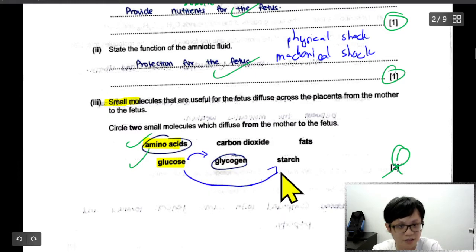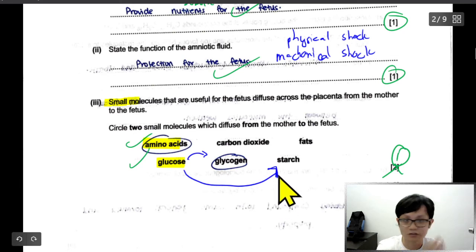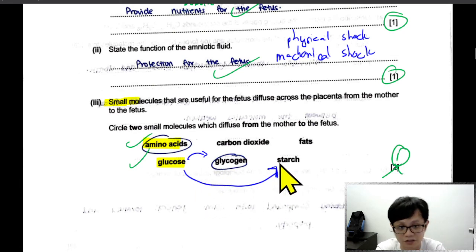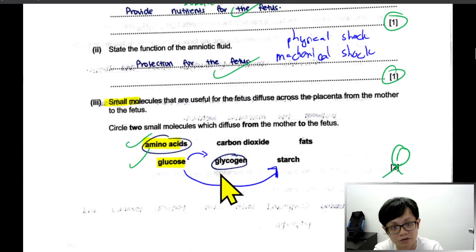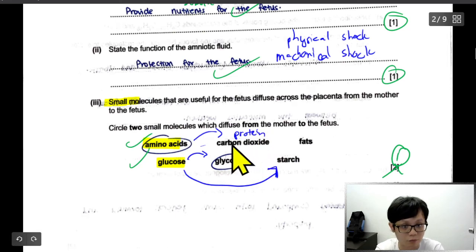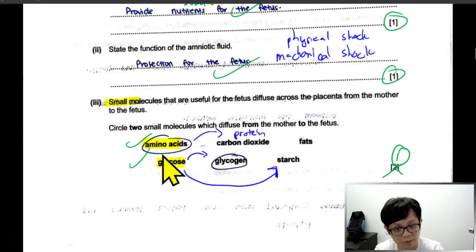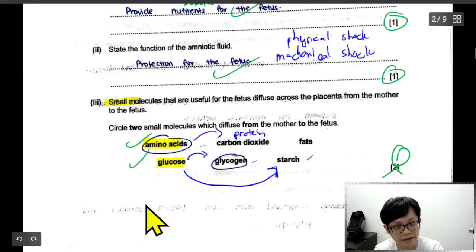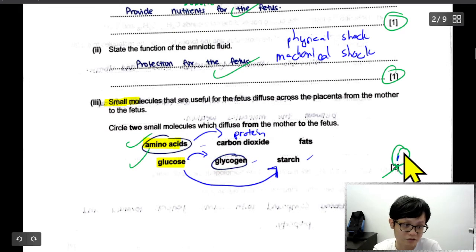Starch is stored by the tree, the tree stores glucose in a complex molecule, starch, and when our body stores glucose, if I'm not mistaken, it is glycogen. For amino acid, the more complex molecule will be protein. Of course we don't want our body to digest protein to amino acid. So we can see that these two are the smaller molecules. The bigger molecules will be glycogen, protein, and starch. Okay, so the answer is these two. It's only 2 marks, so the student gets 1 mark here.